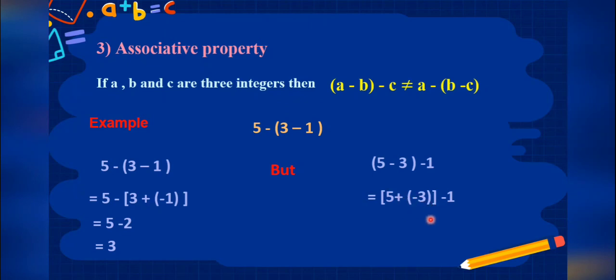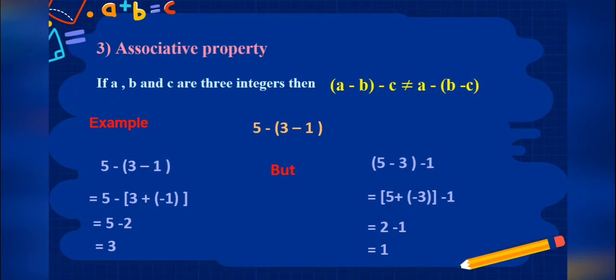So on this side I have 3 and on the other side I have 1. The two answers are not the same. So subtraction doesn't go with the associative property. So subtraction doesn't go with commutative or associative.